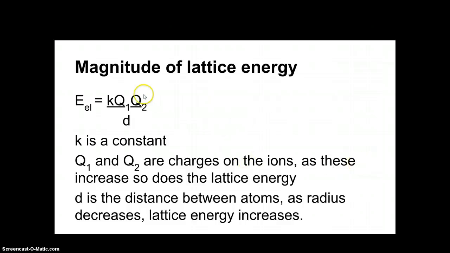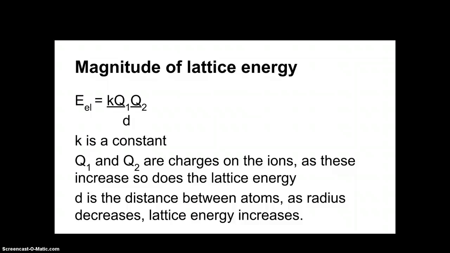Because these are numerators in this fraction, as the charges go up, the lattice energy is going to increase. When you multiply greater numbers together, the lattice energy goes up. D, right here, is the distance between the atoms, or our radius. In our last chapter, we learned that as you go down the periodic table, atomic radius increases because you have more electrons further away from the nucleus, an increased principal quantum number.